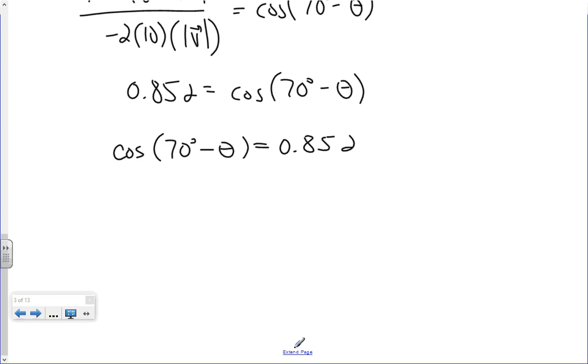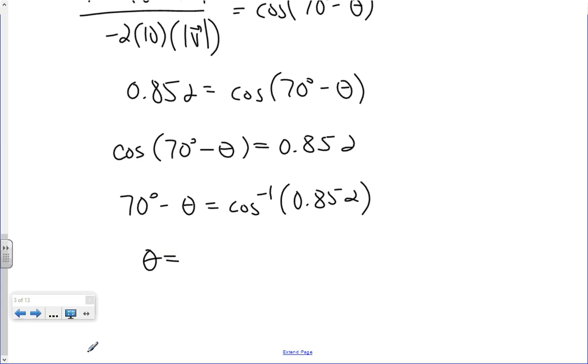And now technically we're going to use arc cosine to solve this, but again, I already know that I'm going to use the positive part of that, and I'm going to let n be 0. So we can simplify this. If I'm solving for an angle in a triangle, not a right triangle, but an angle in a triangle, and I'm solving for theta, what does that mean theta is equal to? It's going to be 70 minus this cosine inverse, right?